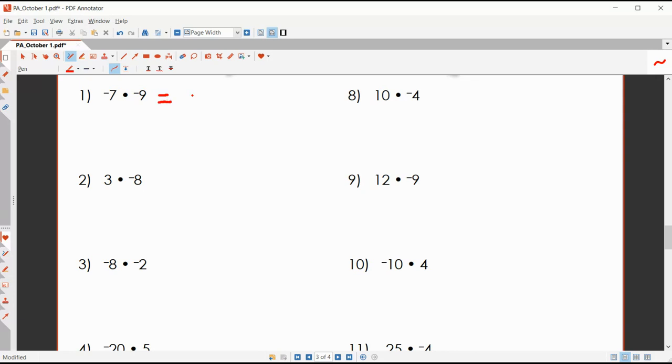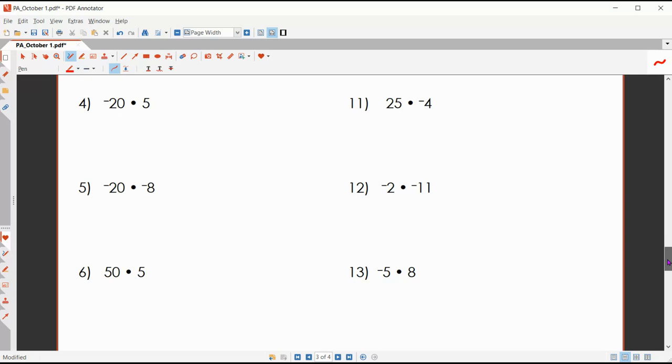-7 times -9 is a positive 63. 3 times -8 is -24. -8 times -2 is a positive 16. -20 times positive 5 is a -100. -20 times -8 is a positive 160.